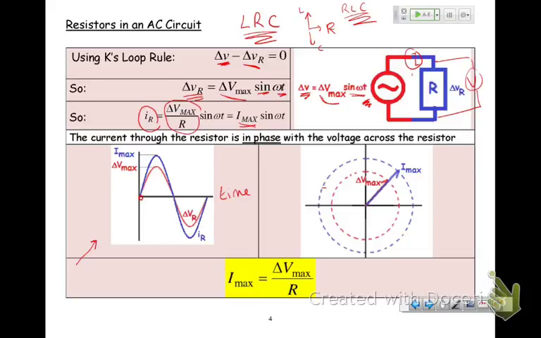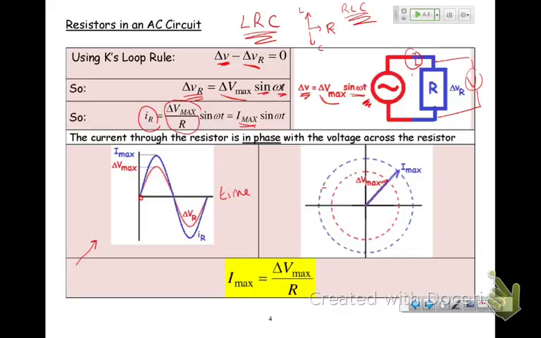I max is equal to delta V max, my maximum voltage, over the angular frequency times my inductance. It comes from there. So I max is equal to delta V max over omega L. Well, when does that happen? When that equals 1, yeah?